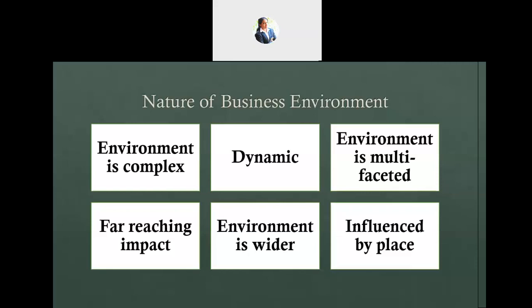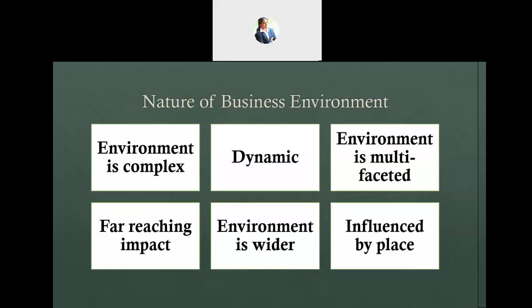Now the third one is that environment is multifaceted. What does this mean? This simply means that the shape or characteristic of every business environment depends upon the perception of the observer.